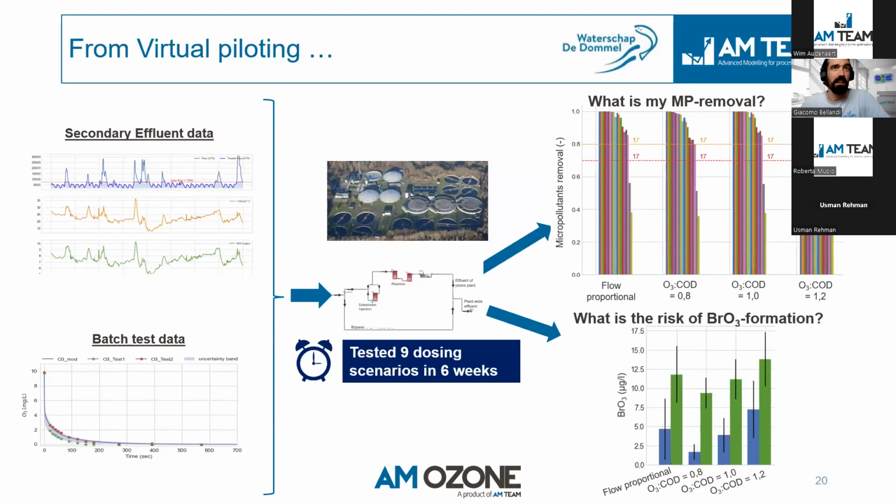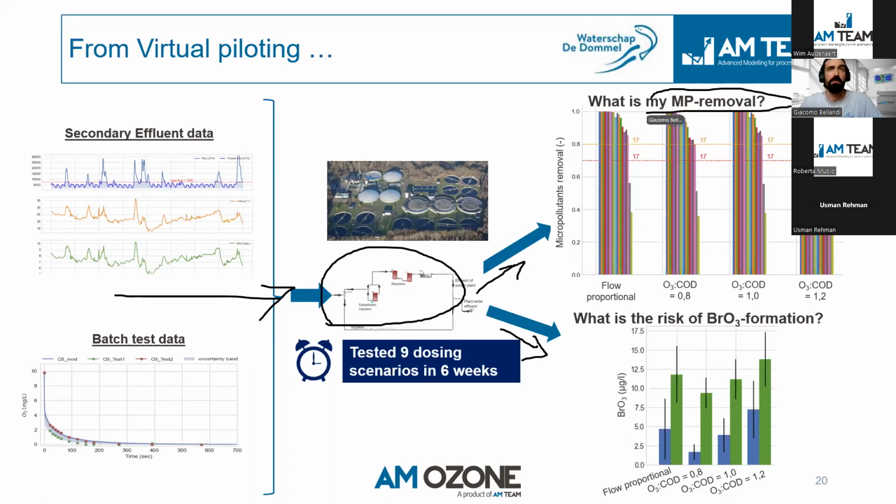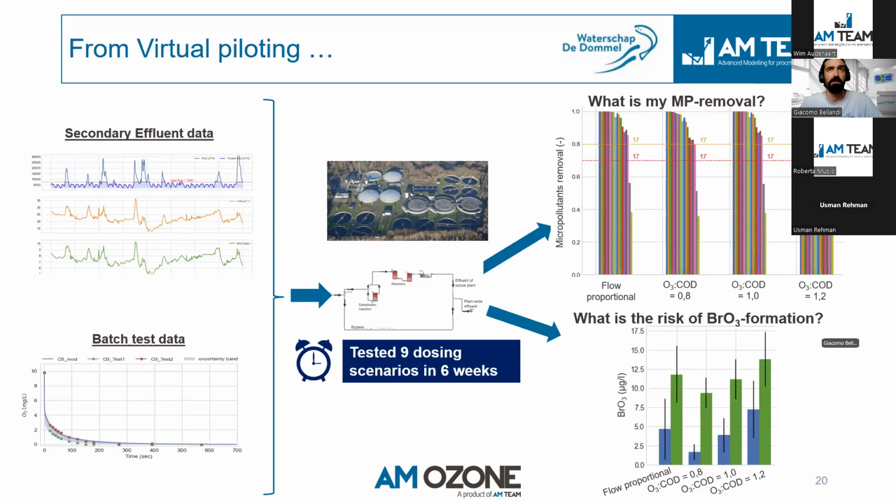We typically start from a real sample, real data that we feed into a virtual representation of the plant, simulating an ozonation plant that takes the effluent of a wastewater treatment plant or any other stream, and then we run simulations and we mimic what would happen if we apply an ozone dose in terms of micropollutants removal or bromate formation.